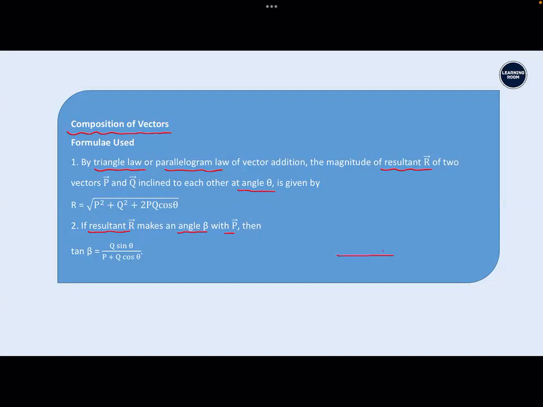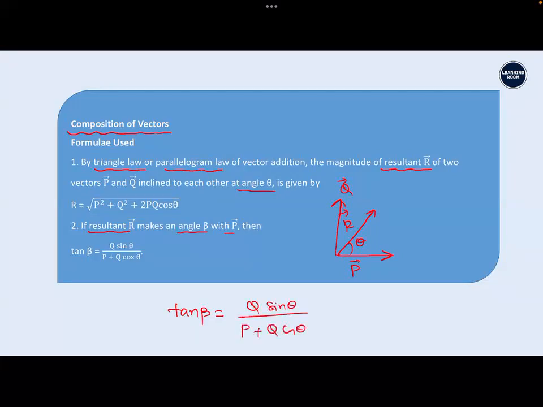That is, if this is p vector and if this is r vector, which makes an angle beta here, and let's say this is q vector, then tan beta will be equal to q times sin theta divided by p plus q times cos theta.